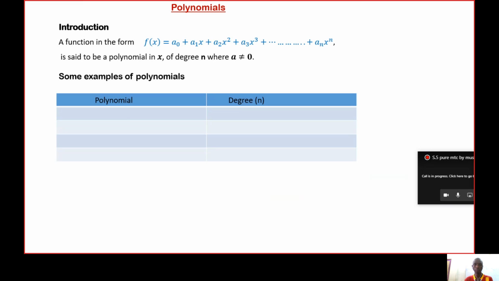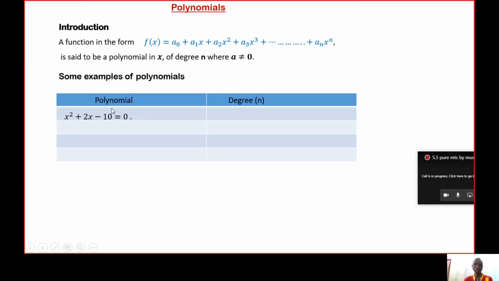So let us go to the first polynomial. We have there x² + 2x − 10 = 0. So this is a polynomial. The question is, which degree is it? I told you that the degree of a polynomial is determined by the highest power of x in that polynomial.